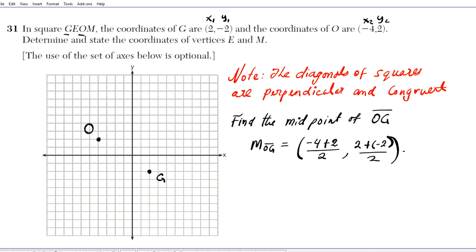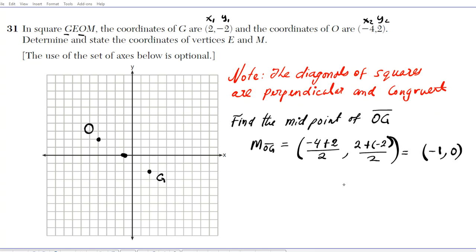If you do your calculations, -4 plus 2 is -2, over 2 is -1. 2 plus -2 is 0, over 2 is just 0. So the midpoint is -1, 0, which is right here.